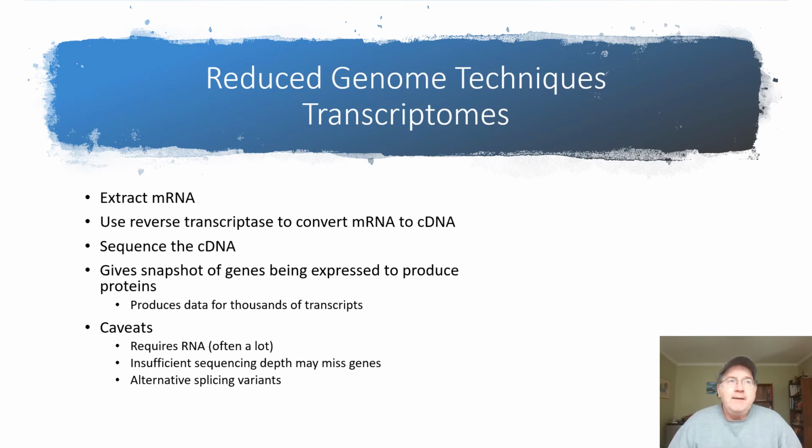Transcriptome is valuable in that it's giving you a snapshot of what the cells in that organism are transcribing at the moment that you extracted the RNA. So it's telling you something about the physiological condition of the organism. And typically you'll get data for thousands of transcripts. These are all protein coding genes.